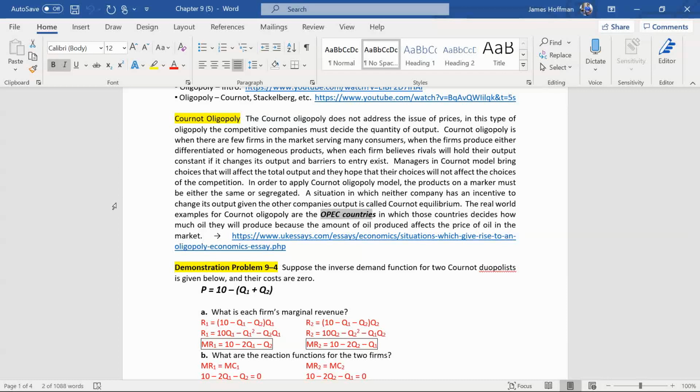So that's a bigger example where you've got a bunch of firms that don't change output based on the other firm's output. They make output decisions in unison, and then that together determines the market price. So that's kind of an international Cournot, all the OPEC countries, and how they make decisions based on output.